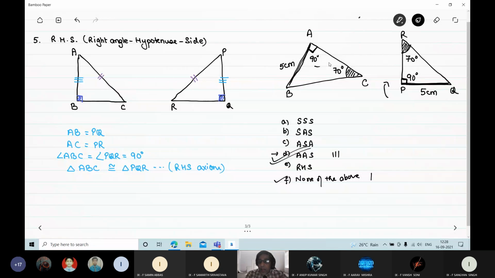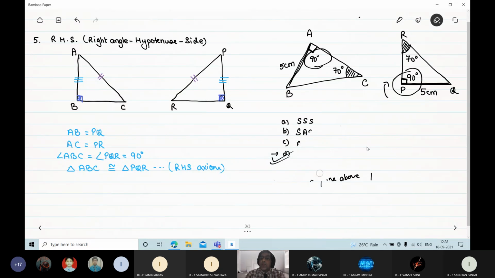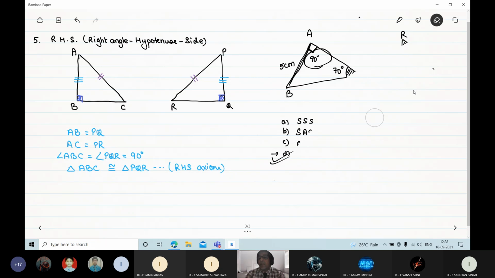So you see that one of the angles was 90 degrees in both these triangles. Still we did not use RHS. So it is not necessary that for all right angle triangles we have to use the RHS property, but it is 100% necessary that RHS will only be used in a right angle triangle because one angle should be 90 degrees.